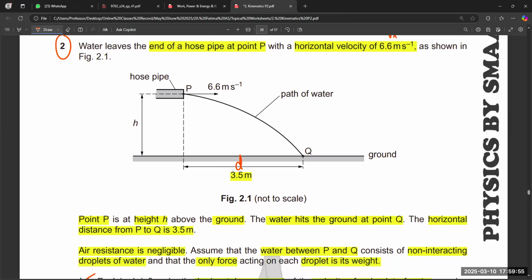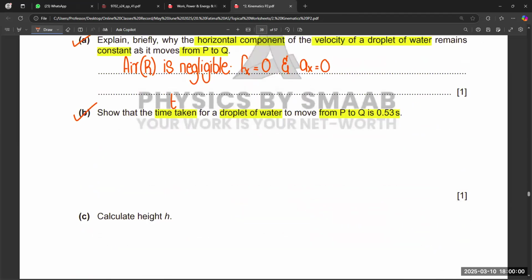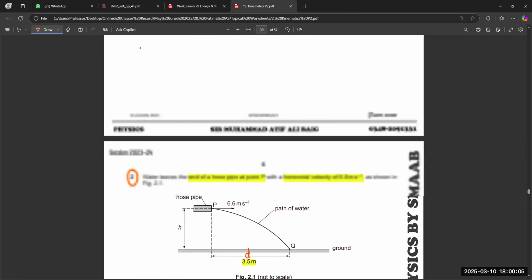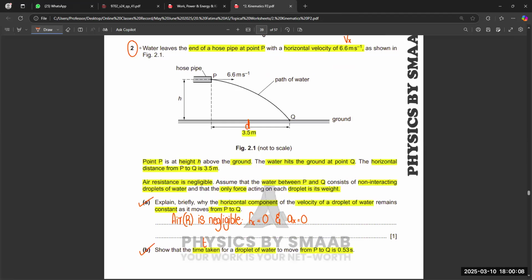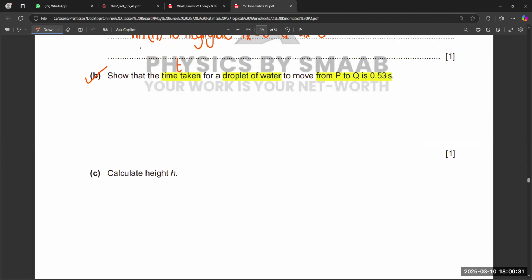So which equation of motion helps you to find out the value of the time taken? S equals Vt, right? Because we know that the horizontal component of velocity is given, the value of horizontal distance is given. So we can simply use the S equals Vt formula to find out the time taken.